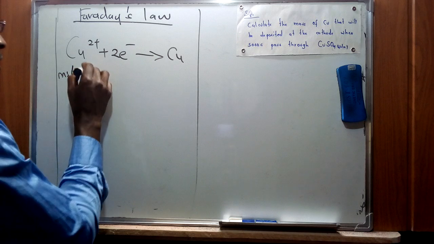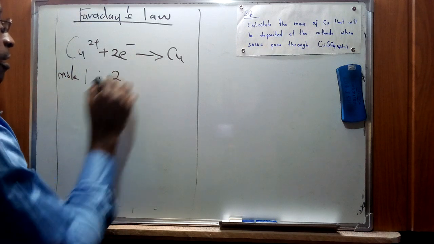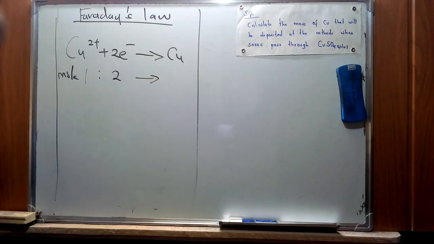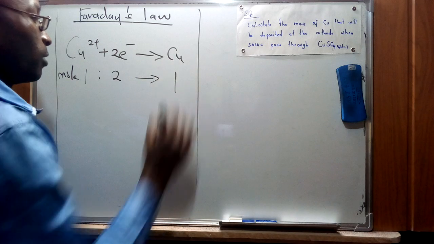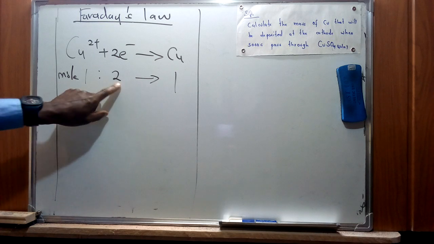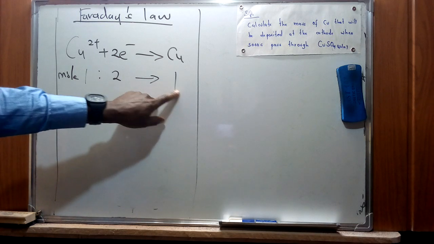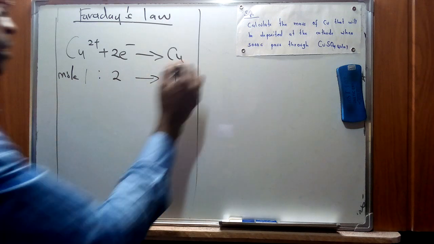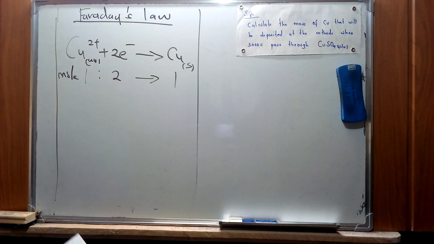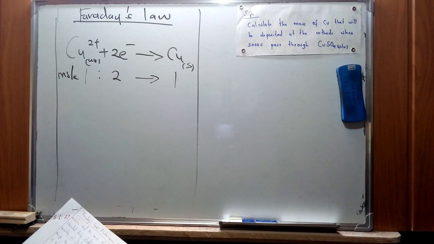We'll have to cater for the number of electrons, the weight and equivalent weight used to form the product. So 1 mole of copper ions uses 2 moles of electrons to form 1 mole of copper, solid. So the mole ratio is very important: 1 mole of copper is deposited by 2 moles of electrons.